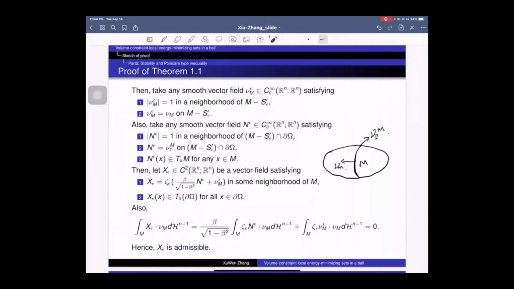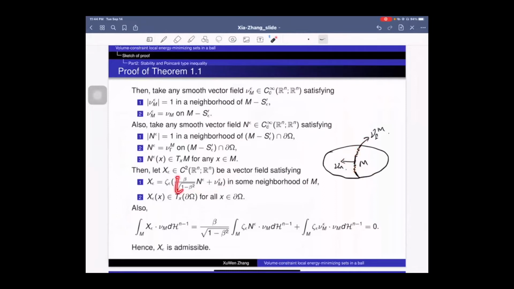And here, n epsilon is the smooth extension of the unit conormal to the whole M. For example, it should be like this. And nu_M epsilon is the smooth extension of nu_M to the whole M, which means that nu_M is only well defined at the regular part of M, but now we smoothly extend it to be defined on the whole M, including at the singularity.